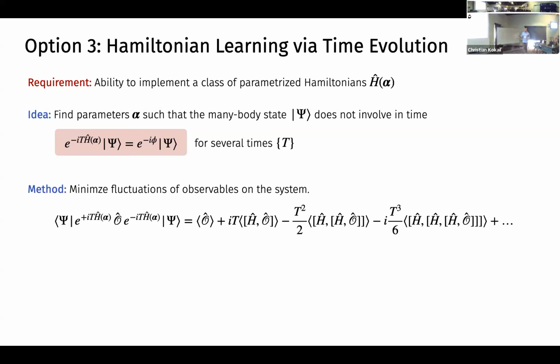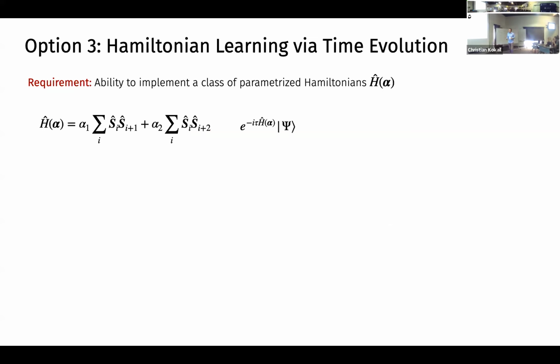What we do here is we time evolve this state with a parametrized Hamiltonian and measure some observables as a function of time. At the beginning, if your alphas are not correct, the observables will fluctuate as a function of time. Then we try to tweak and optimize these parameters such that the system is quiet, that all observables are just constant in time.